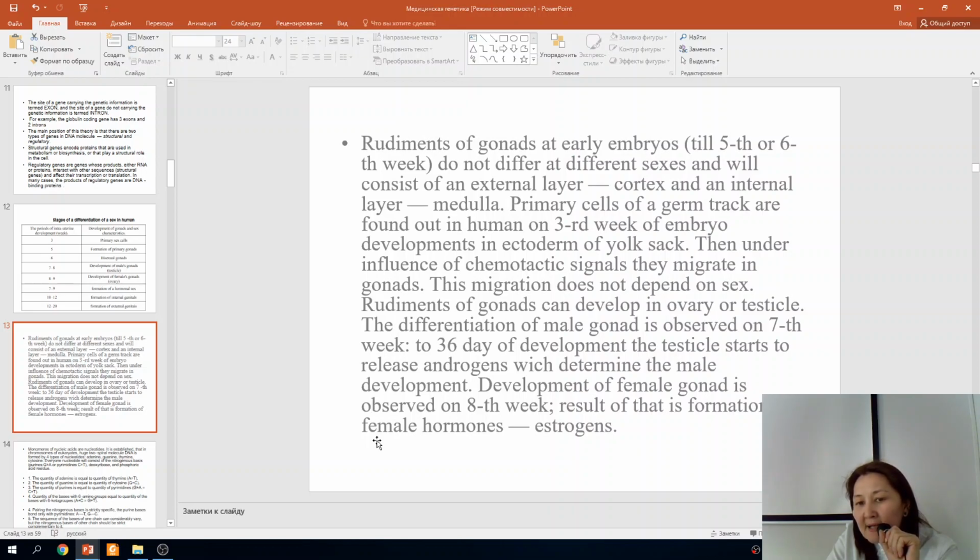This migration does not depend on sex. Rudiments of gonads can develop into ovary or testicle. The differentiation of male gonads is observed in the 7th week, on the 36th day of development, when the testicle starts to release androgens, which determine male development. Development of female gonads is observed in the 8th week. The result is formation of female hormones, estrogen.